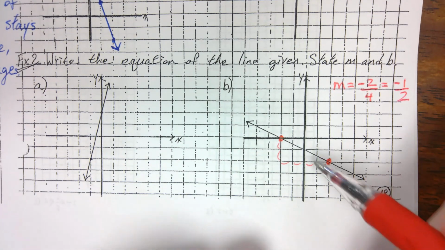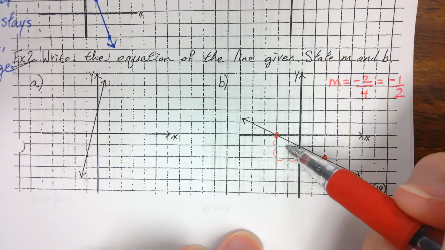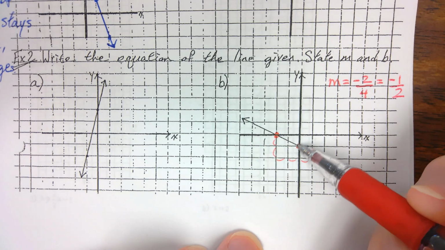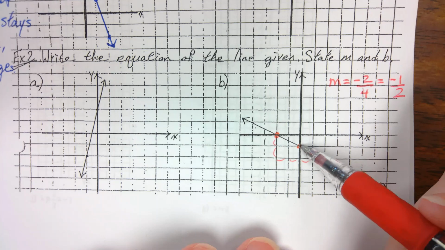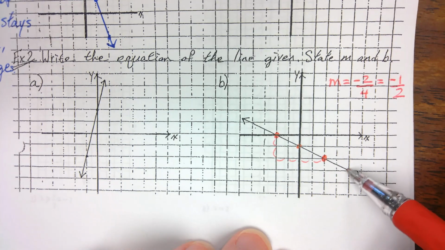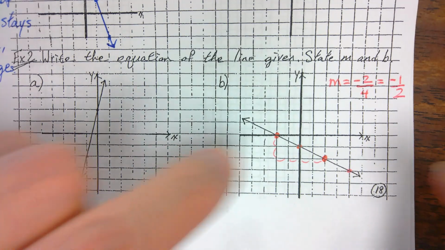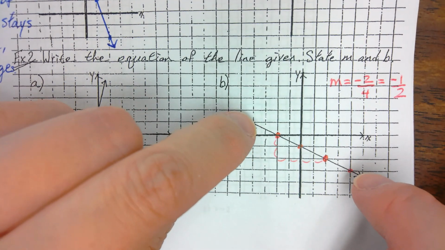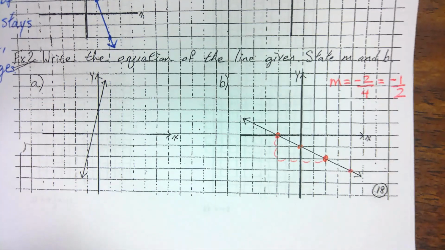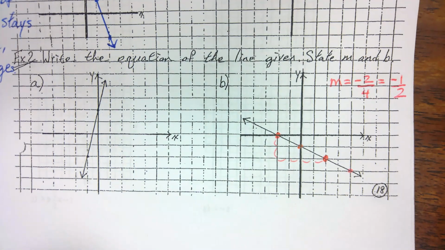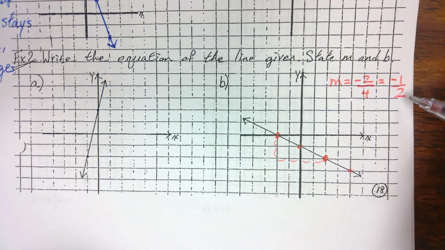And if I do negative 1 over 2, I should end up on the line as well, for every single point. So it's okay if you chose the far away points, because afterwards when you reduce it, you will still reduce it down to the lowest form.